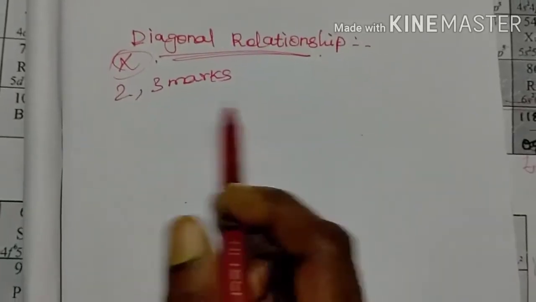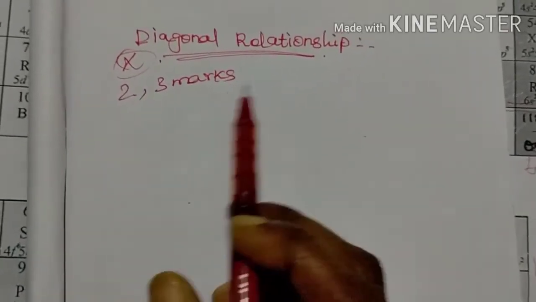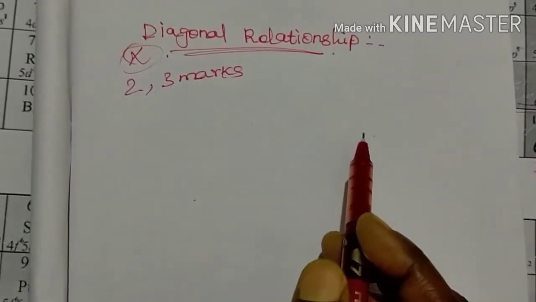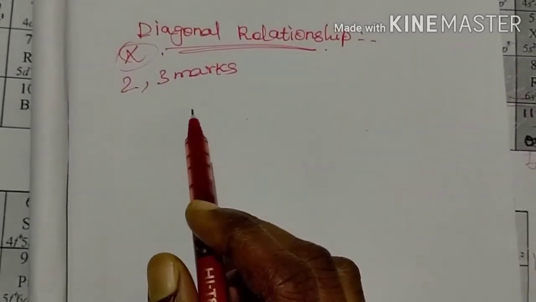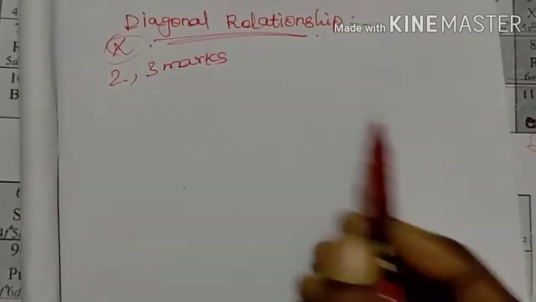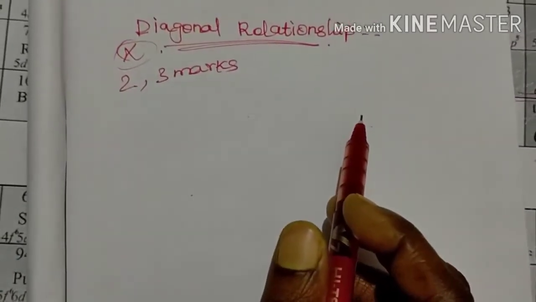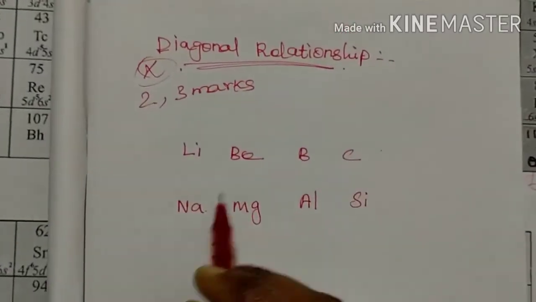This relation is known as diagonal relationship. The elements are arranged in diagonal places and have similar properties. This character is known as diagonal relationship.